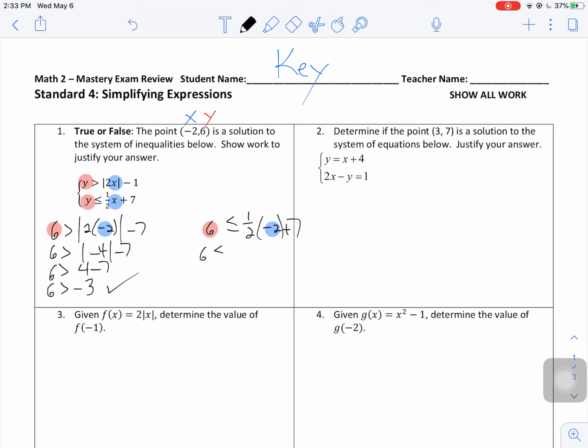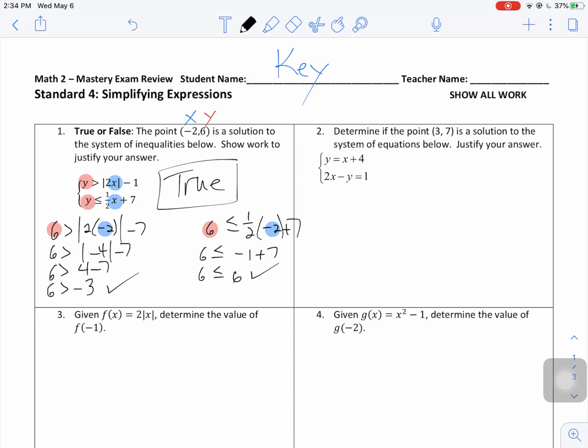For the other inequality, 1/2 times -2 is -1, and then -1 plus 7 is 6. So is 6 less than or equal to 6? Yes, it is. So at the very end of this problem, it was a true or false. So true, because (-2, 6) is a solution to that system of inequalities.